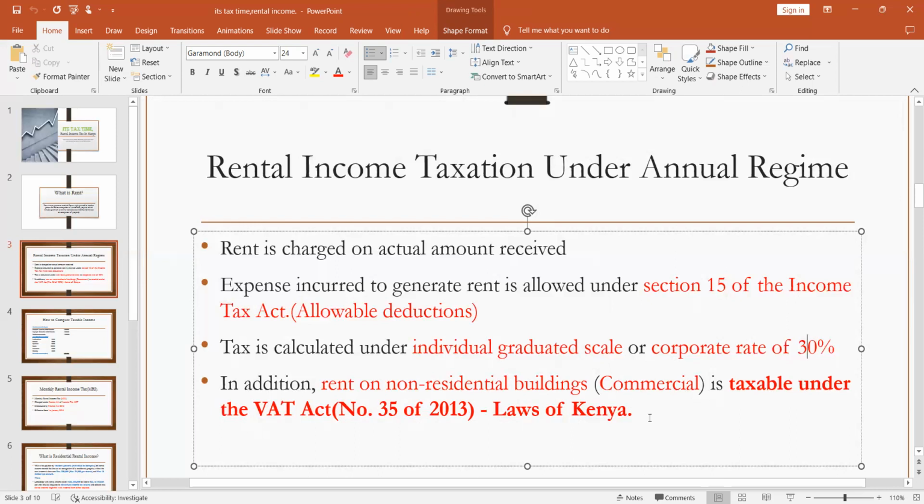This is within the laws of Kenya. The VAT Act is very clear on what is to be included and taxed, so we will also cover the VAT Act so that we understand it in depth when we mention the word VAT.